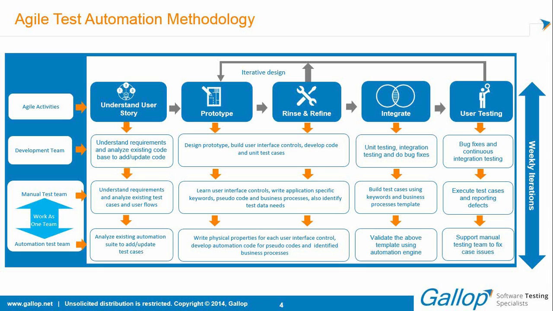And when it comes to prototypes, in Agile generally people don't prefer heavy documentation, so we use the prototypes, we explore them, and then we start writing the low-level steps for the test cases. Similarly, we'll also write the end-to-end scenarios once a unit or a component is developed, and similarly once the components are integrated.